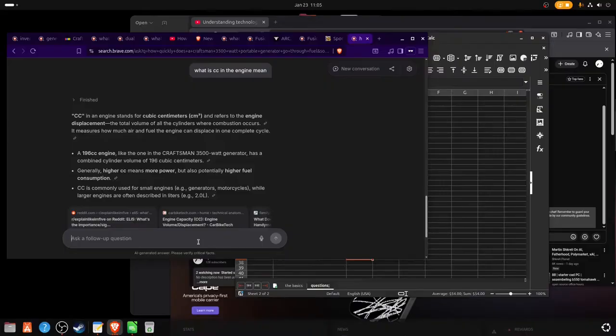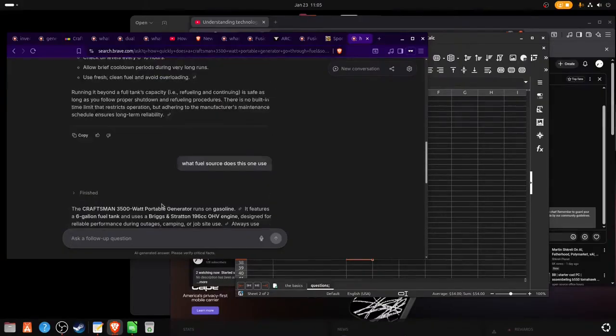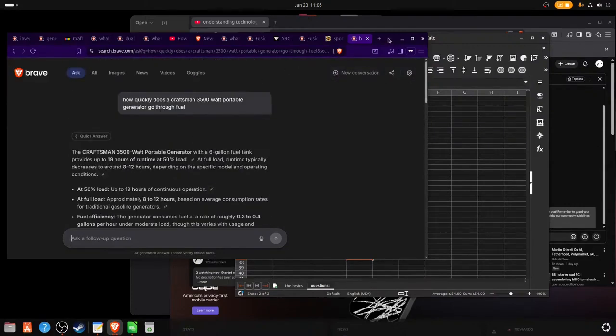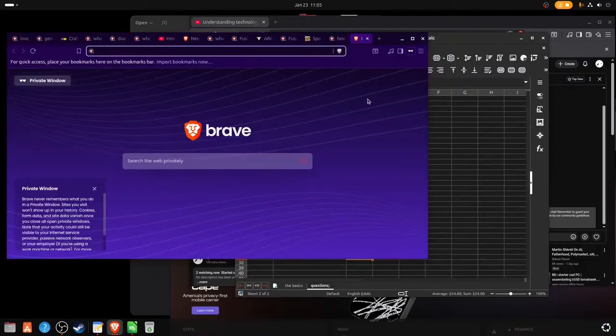You combust the fuel to create the power. That's how internal combustion works. Interesting. I've seen people make vehicles out of these before, making a vehicle out of a generator engine.